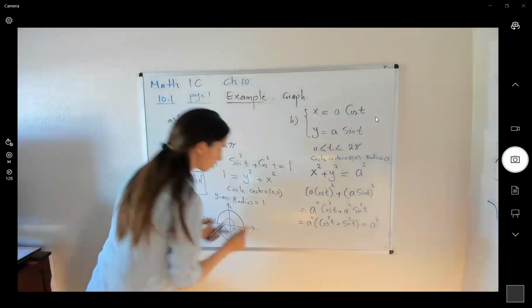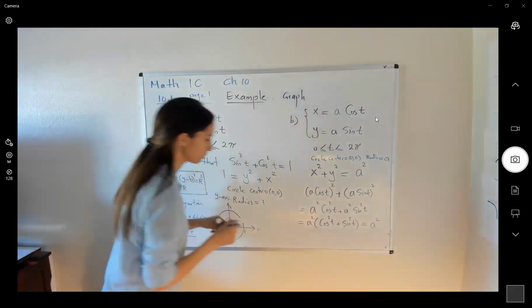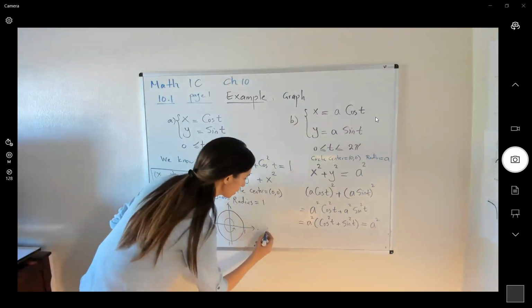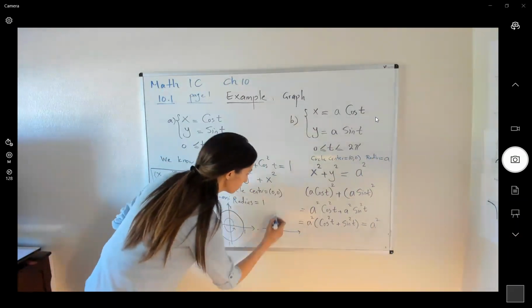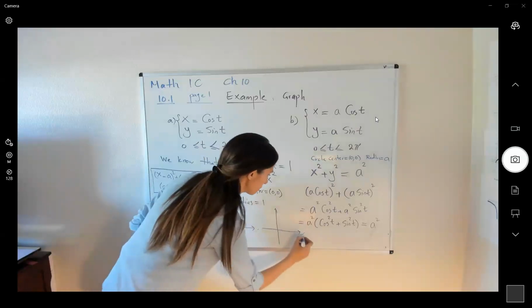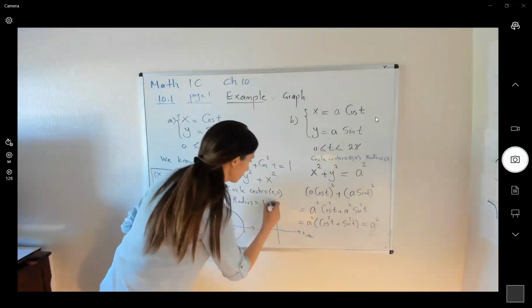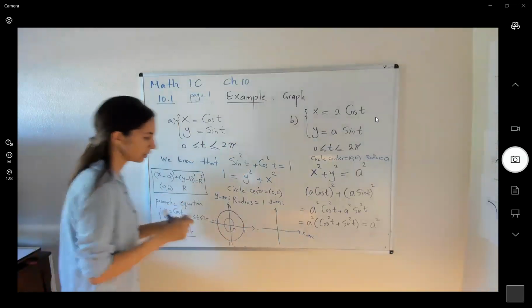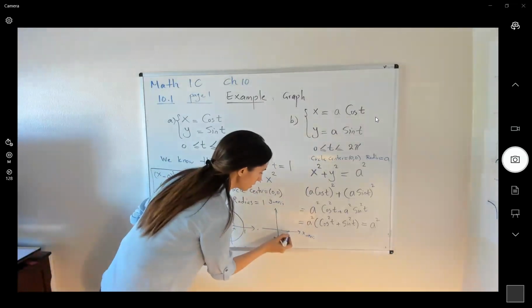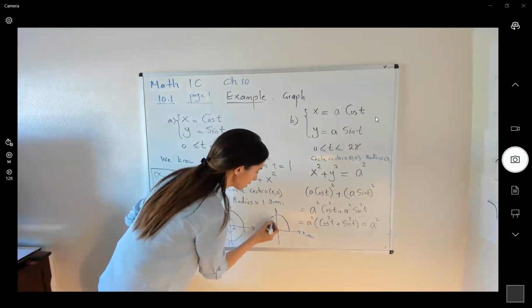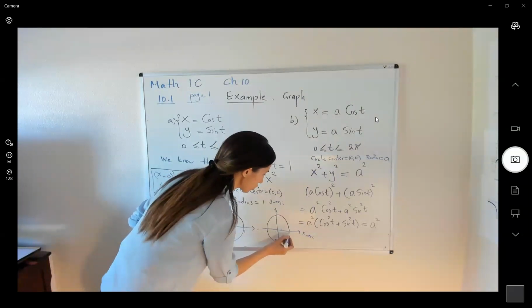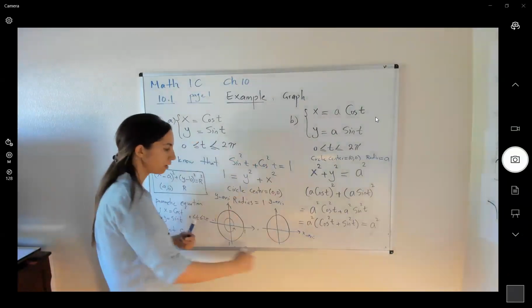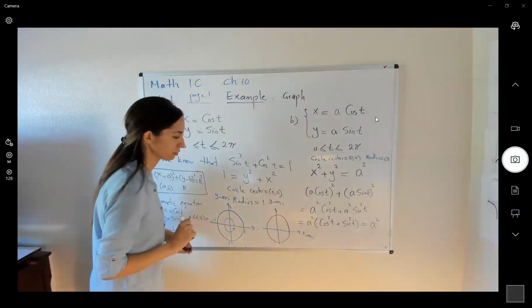So if you want to graph this parametric equation, the graph is like this: x-axis, y-axis, and you have a circle. It's not a unit circle. The radius is now a, and it just rotates around once, counterclockwise.